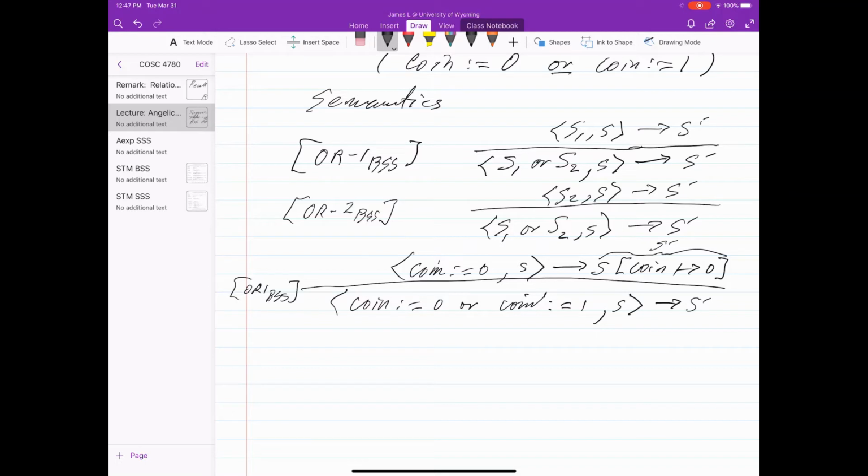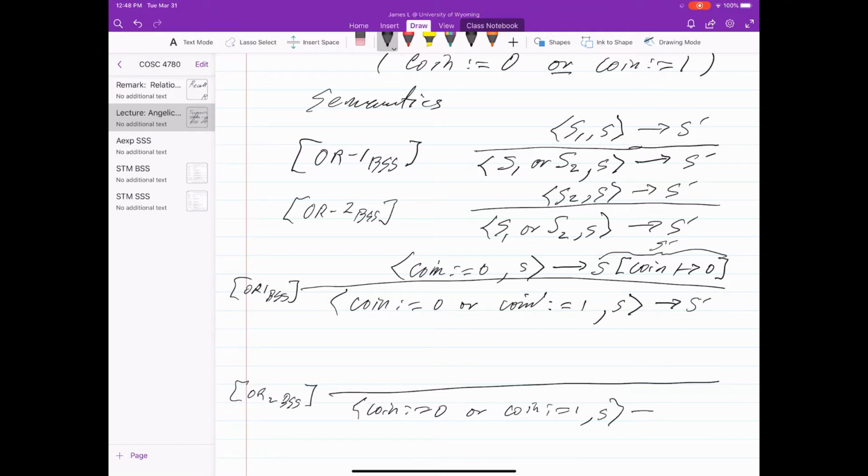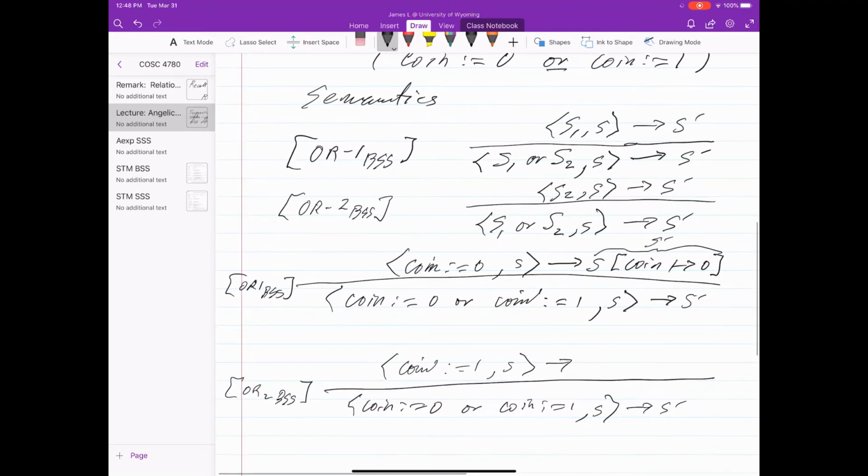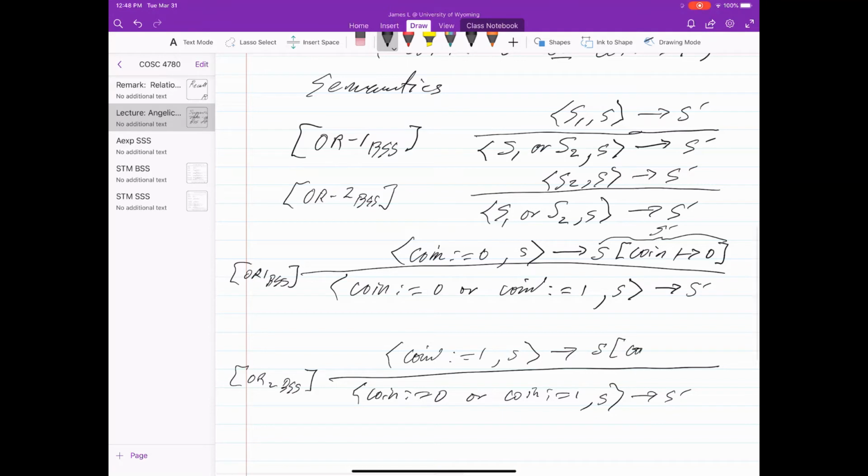But we can also apply the OR2 rule. So coin gets the value of 0, or coin gets the value of 1, comma S, goes to S, where coin equals 1 in state S evaluates to S where coin evaluates to 1.